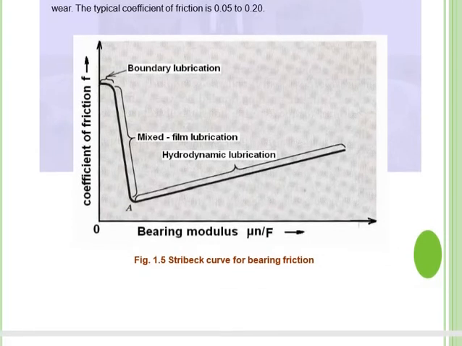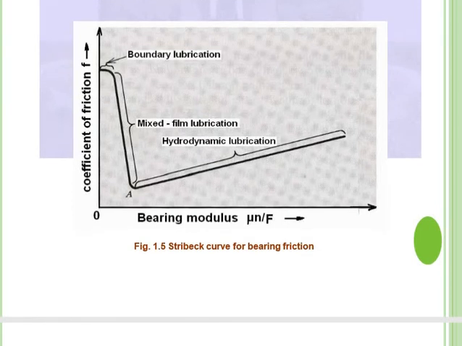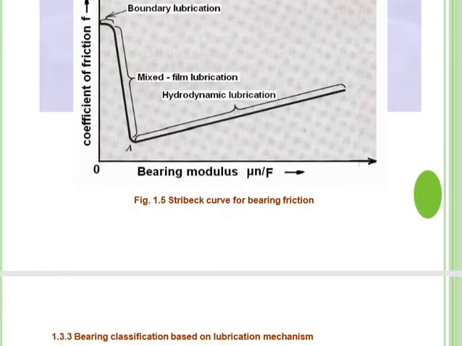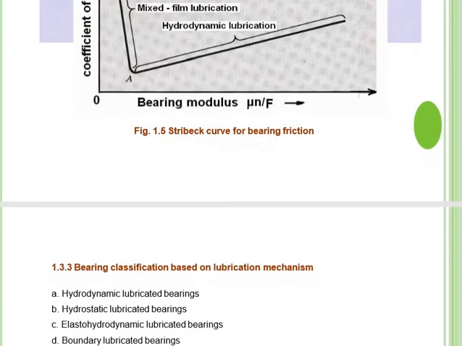See the bearing modulus, mixed film lubrication, hydrodynamic lubrication, boundary lubrication, coefficient of friction versus bearing modulus. Here we compared both. Boundary lubrication is the top one, mixed is in between, and hydrodynamic is continuous. From this figure we can conclude how boundary lubrication occurs in sliding contact bearings.